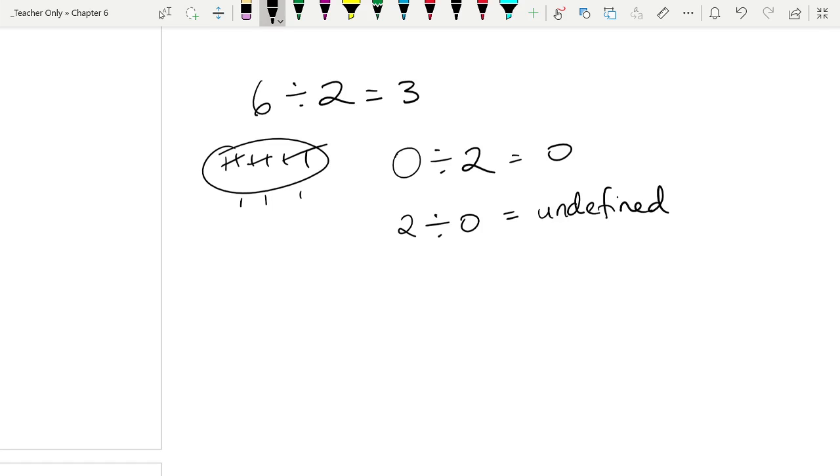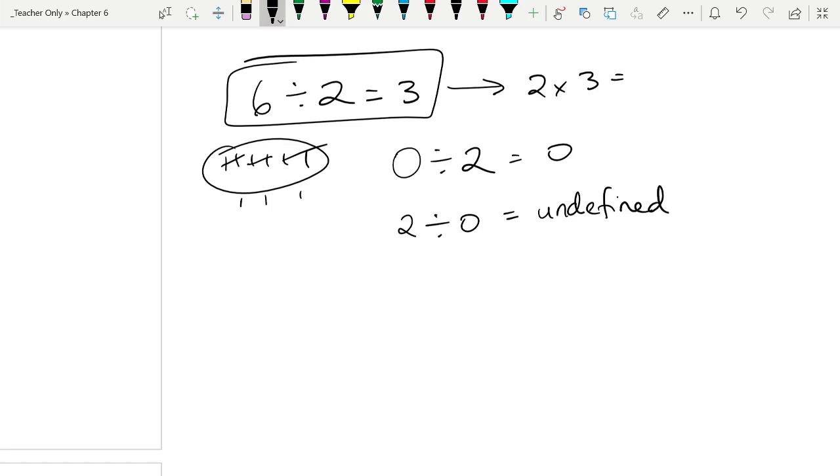It's undefined. Another good way to explain this is that you can, of course, reverse this statement and say that, well, 6 divided by 2 is 3 because 2 times 3 is 6. 0 divided by 2 is 0 because 0 times 2 is 0. There's no answer that can go here because there's absolutely nothing you could multiply 0 by to get to 2.